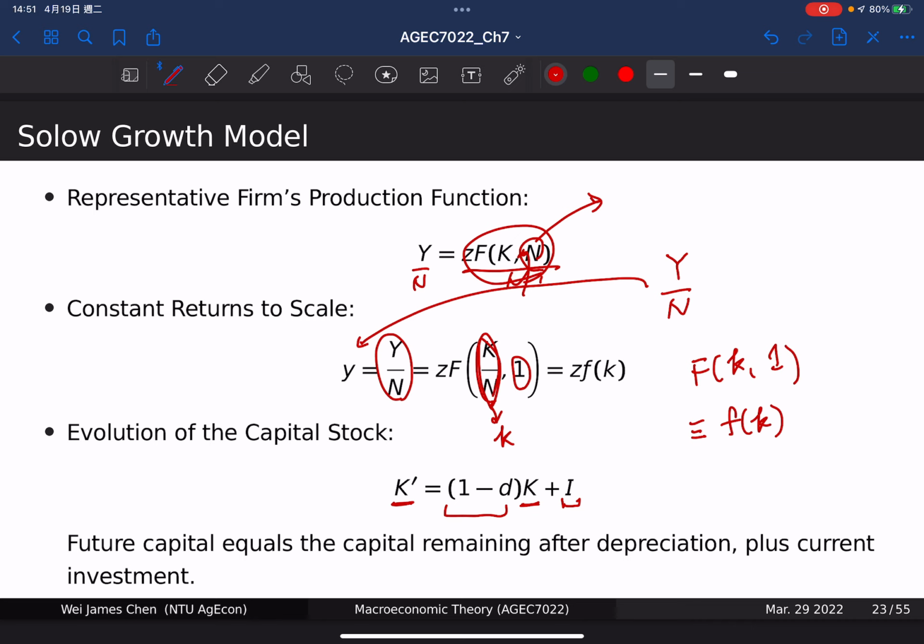The lowercase d is called the depreciation rate. It's like your car or your computer. It will depreciate over time. Usually they say that when you buy a new car and it hits the road, you have a 20% depreciation. 20% of the value is gone.